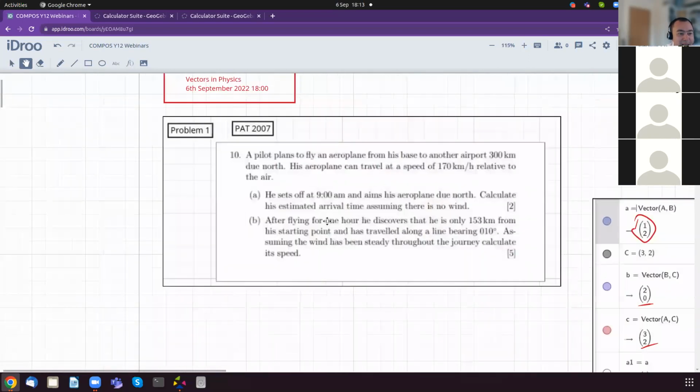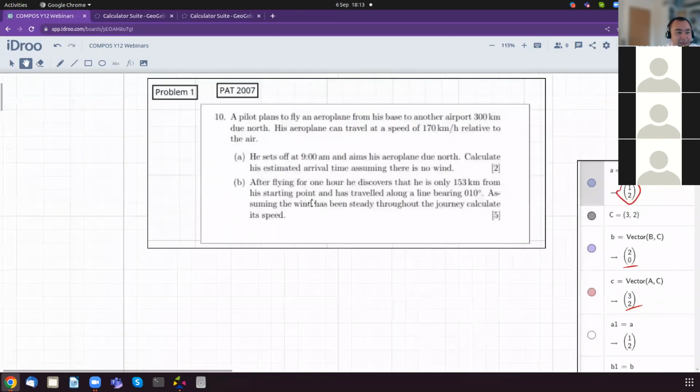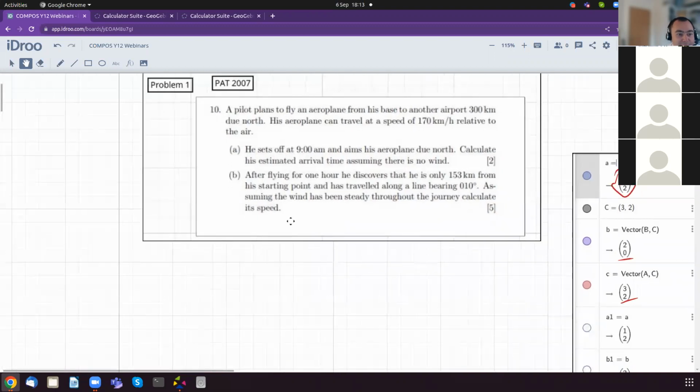Going back, a pilot flies an airplane from his base to another airport 300 kilometers due north. His airplane can travel at speed of 170. He sets off at 9 a.m. Calculate the estimated time of arrival. Well, this is a PAD 2007 question, and I'm not sure what they're testing here, because it seems incredibly easy.